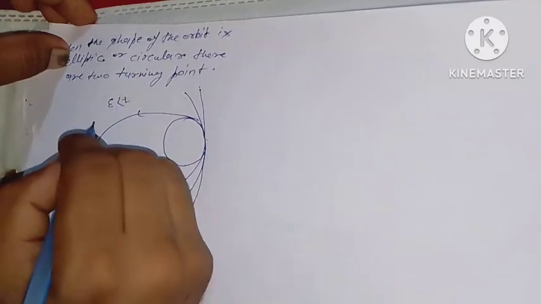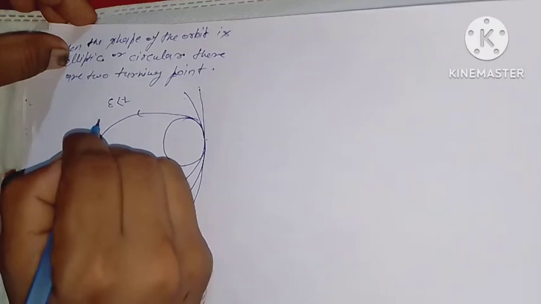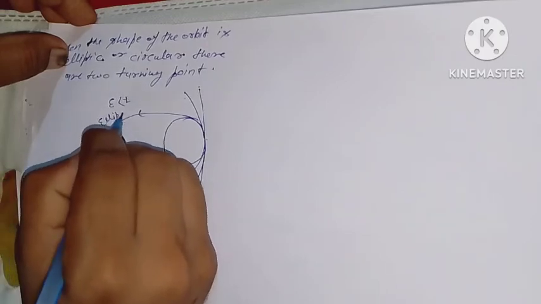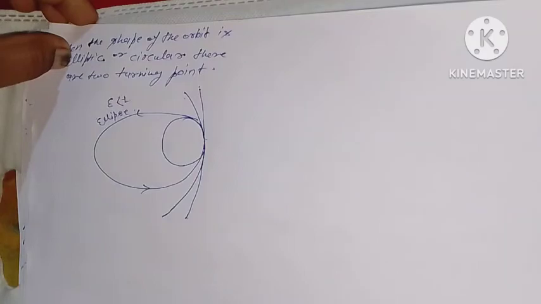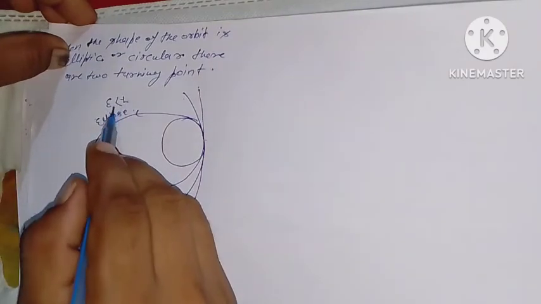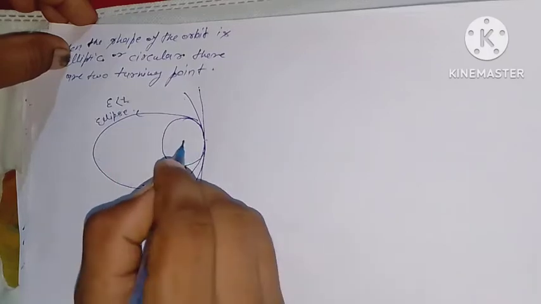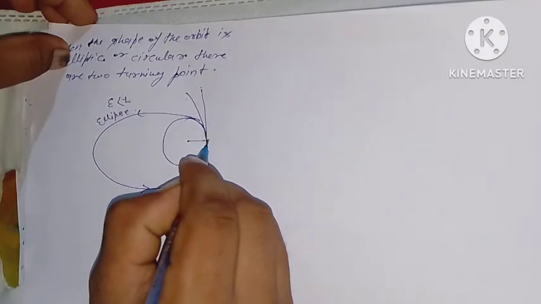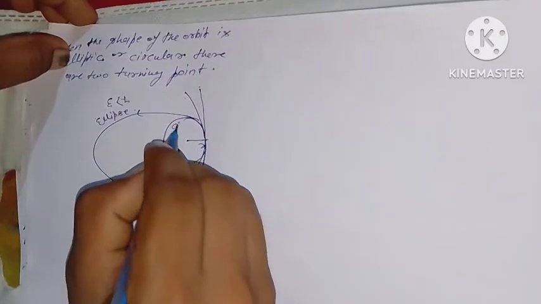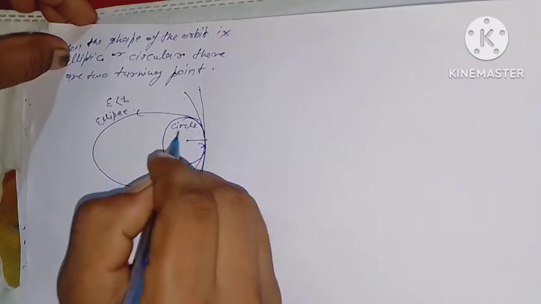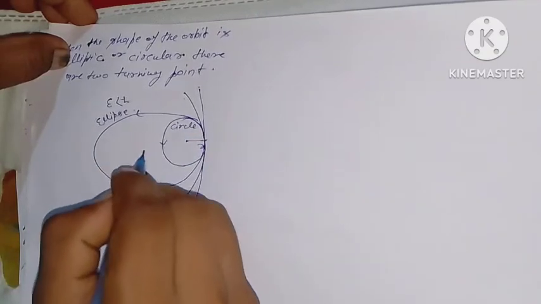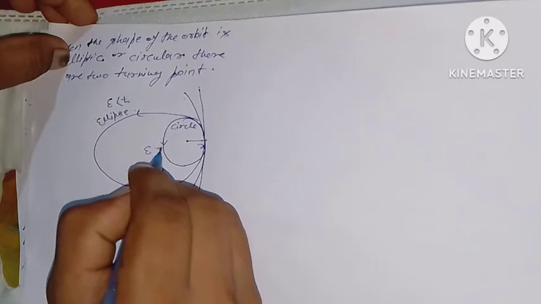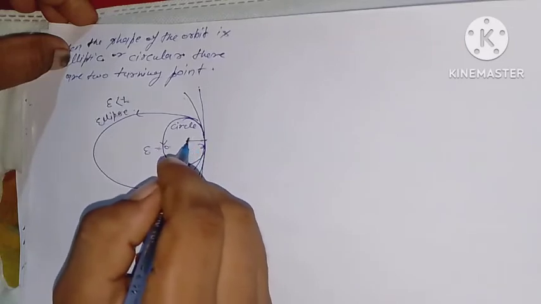The figure is elliptic if the value of epsilon is less than 1. And this is the circle, and the epsilon is 0. If the epsilon is 0, then the figure is a circle.